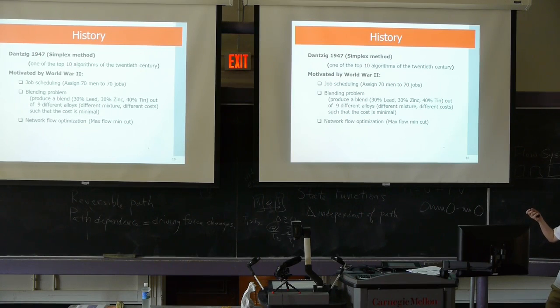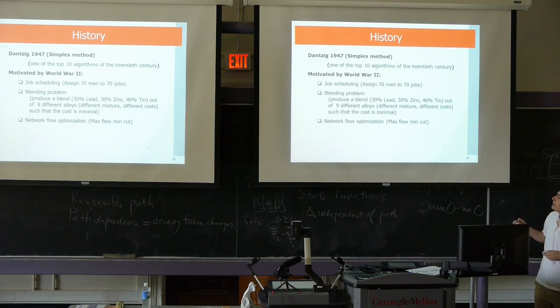Another problem that was pretty common in those years is a blending problem. Say your goal is to produce a blend that contains 30% lead, 30% zinc, 40% tin, and you can buy, say, 9 different alloys that contain different percentages of these materials, and you want to blend them in such a way that the final blend will contain these percentages of the materials.